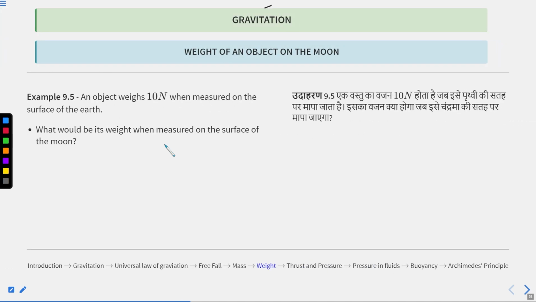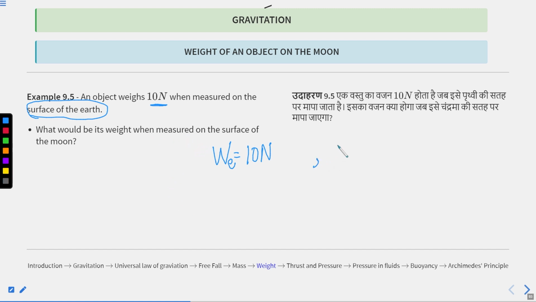Next question is, an object weighs 10 Newton when measured on the surface of the earth. What would be its weight when measured on the surface of the moon?